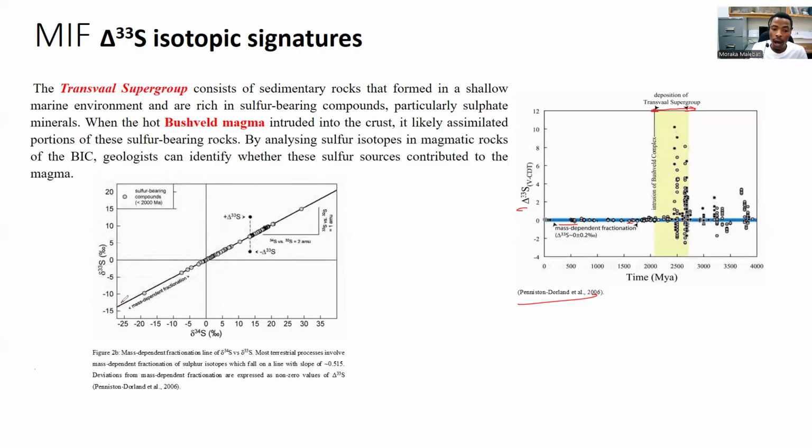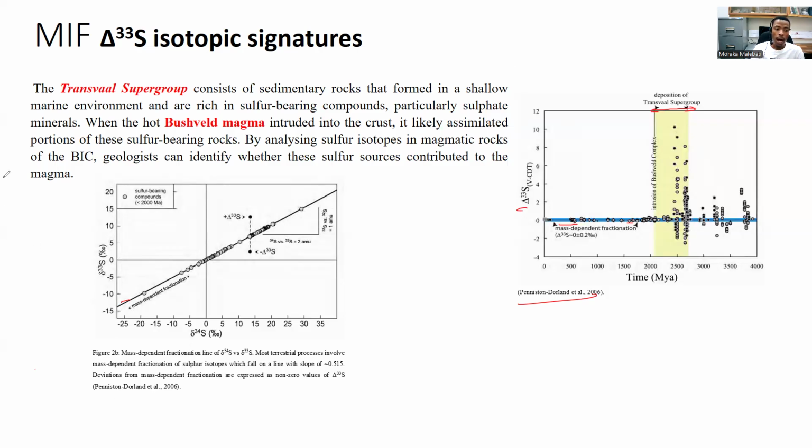Even here, mass-dependent fractionation is along the zero line, but if you deviate away from the zero line, you show the MIF signatures. So the MIF signatures tell us much about crustal contamination.